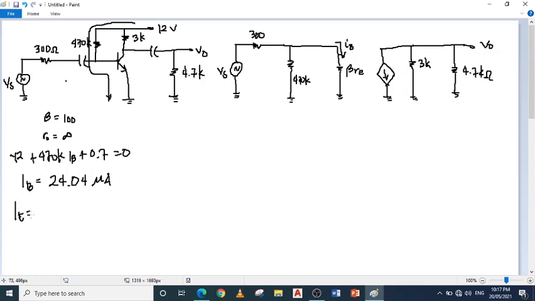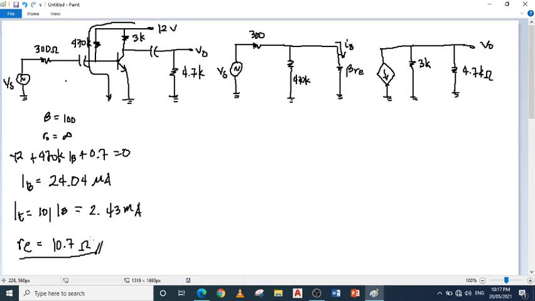For IE, using the exact value, we have 101, because beta plus 1 times IB, so IE is equal to 2.43 milliamperes. To solve for RE, we always use 26 millivolts divided by IE. So RE is 10.7 ohms. So that is our RE.